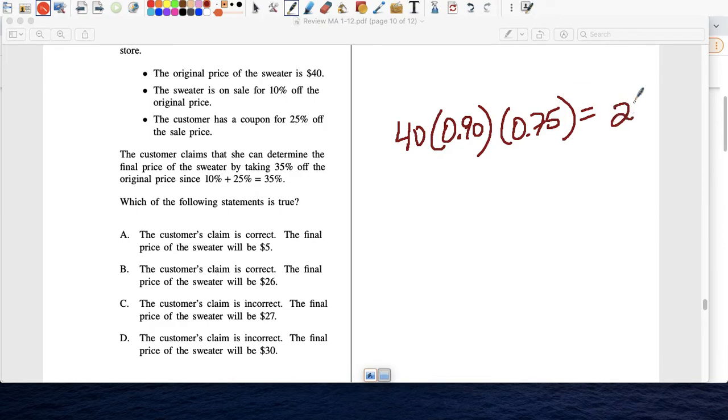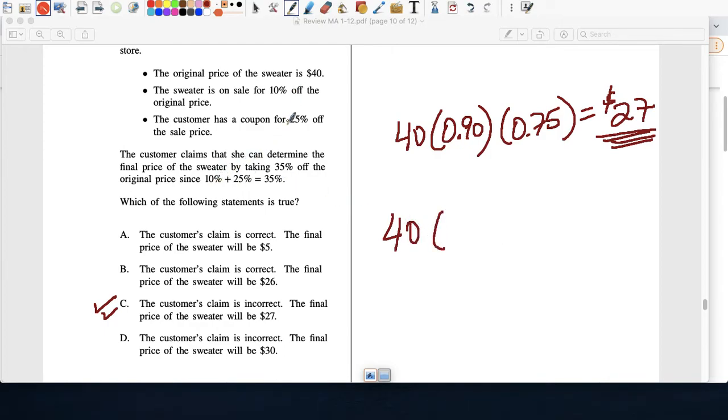So that's the price that she would be paying. Now, the only one that mentions 27 is this one here, which says she's incorrect. Well, let's see if she's incorrect. She's saying that I can add the two discounts together, 10 and 25, and I get 35%. So let me try it.